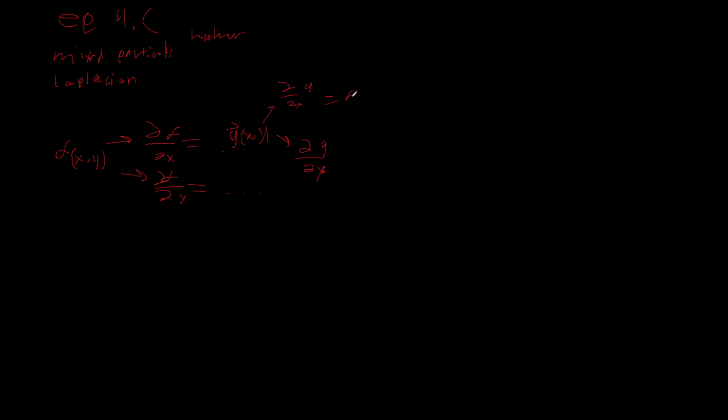So this is actually going to be partial squared f over partial x squared, but this is actually going to be partial squared f over partial y partial x. So we actually have a few different ways to take these. We have f_xx, f_xy, f_yx, and f_yy.